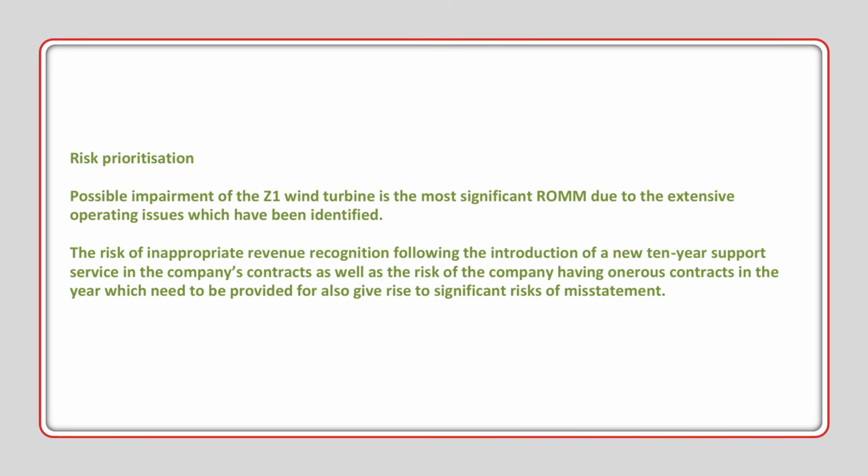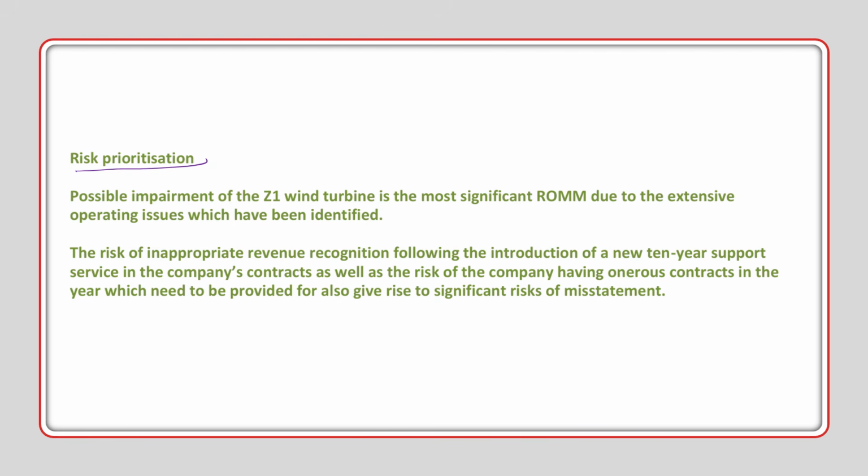We're now finished with the risk of material misstatement. Do not forget my heading, which was that I have to prioritize two risks. This is my recommended approach. You'll get an easy 2 marks with reasoning. So I've prioritized the impairment of the Z1 turbine and I've prioritized inappropriate revenue recognition. I've given a reason for this and I'm getting 2 marks.